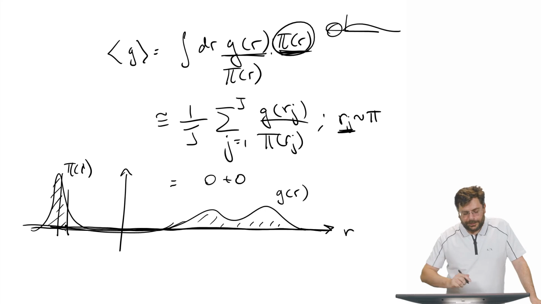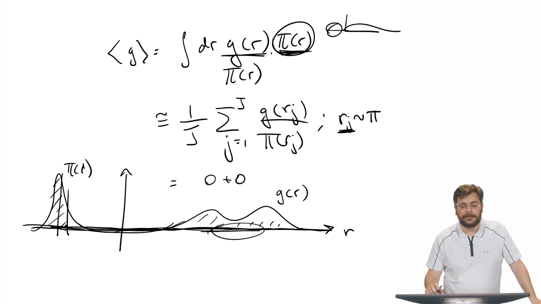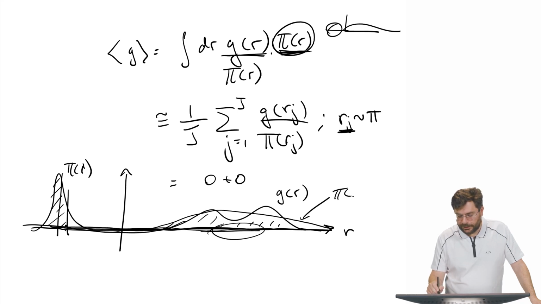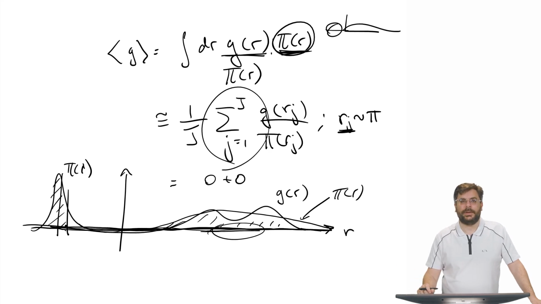So the problem is that I can keep sampling and sampling and sampling, and I will never draw samples in the general region where g of r has substantial density if my pi of r is totally off-centered. On the other hand, if my pi of r was a Gaussian roughly centered at g of r, then the sum would converge much, much more quickly.